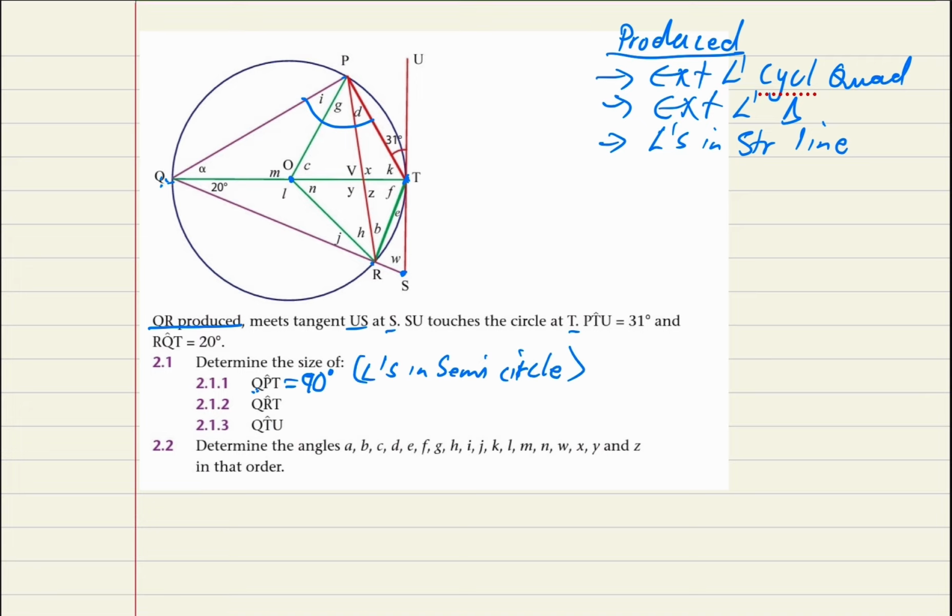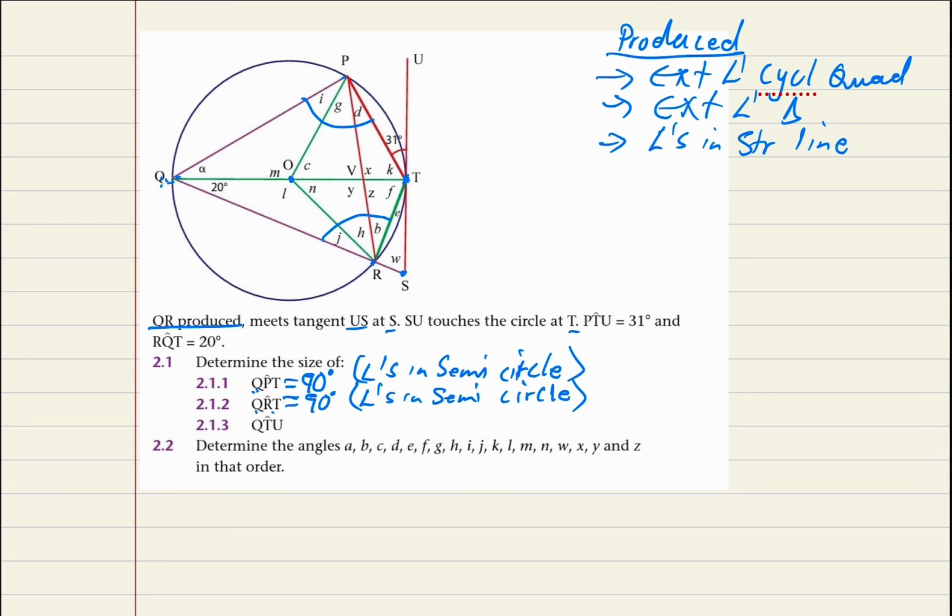Angles in a semicircle. Okay, they continue and said find QRT. QRT, the whole of that one also is equal to 90 degrees. Why? Angles in a semicircle. So I have found that one.